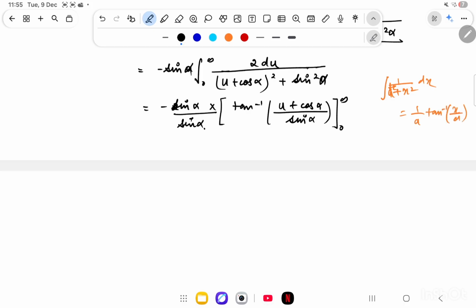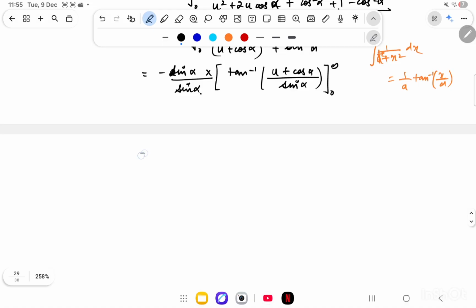So using this result we got this. Now if we just plug in the limits, it will be equal to minus 2 times (tan inverse infinity minus tan inverse cos alpha divided by sin alpha).